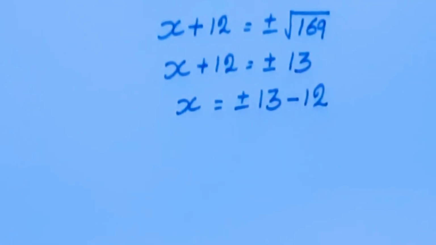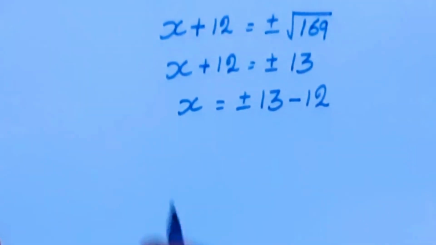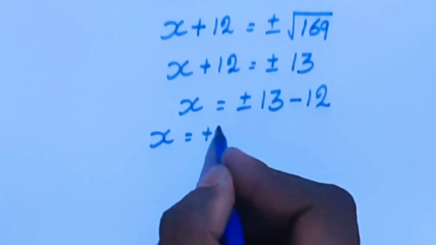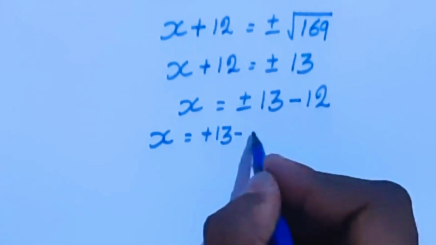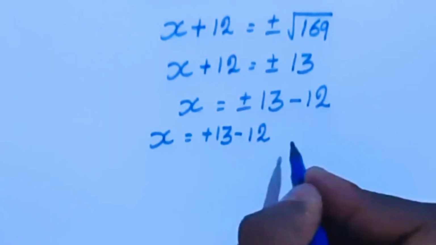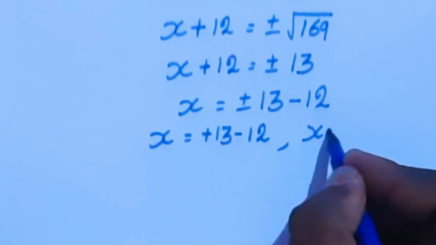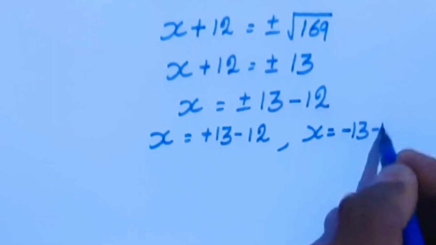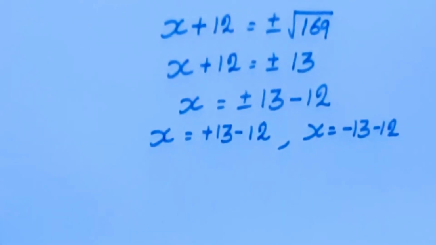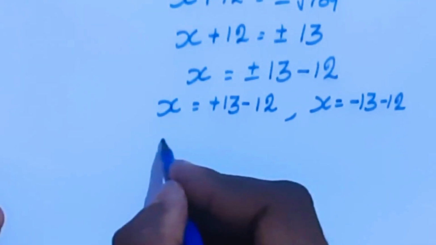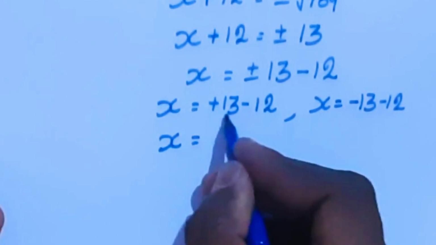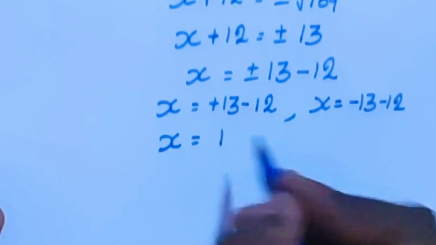So we have two equations: x = 13 − 12 and x = −13 − 12. From these two equations, we are going to find x now. Here x is 13 − 12, which is 1.